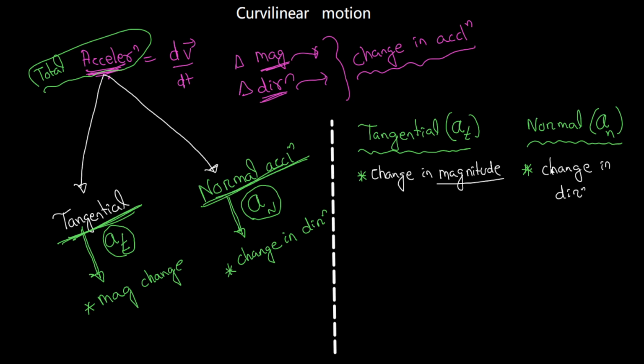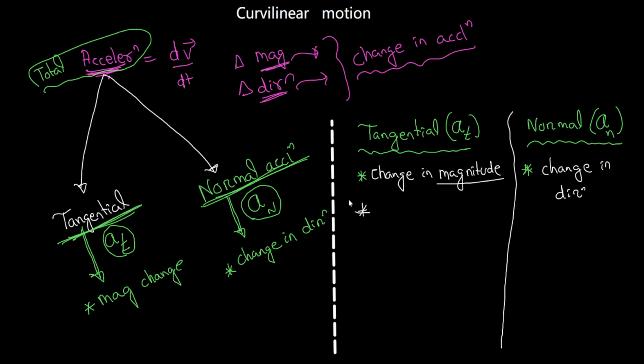a normal acceleration. If there is no change in magnitude of the velocity vector, we will say the tangential acceleration is zero. If the direction is not changing, we will say the normal acceleration is zero. Since the velocity vector depends upon the magnitude, the tangential acceleration is responsible for change in magnitude.